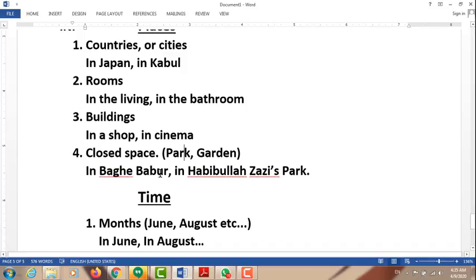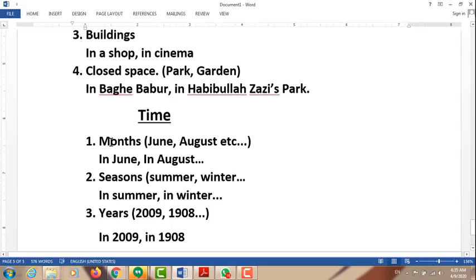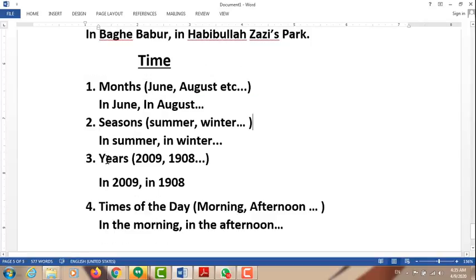In Habibullah Park, it's a park, of course. For time, months, like June, August. For seasons, you use what? Summer, winter, spring, and you can go on and on. Of course, we have 4 seasons, so you can't go on and on. Okay, that's it, guys. This was about "in", the preposition "in".